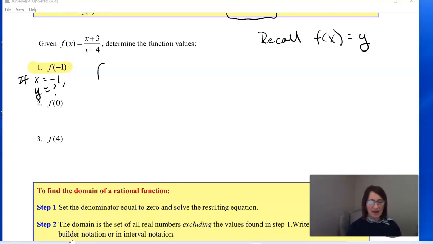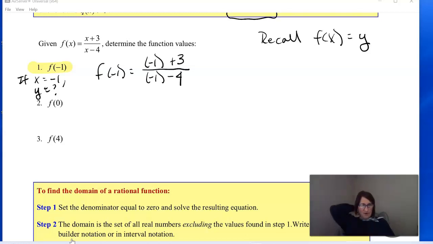To find f of -1, we substitute -1 for x everywhere we see it in our function. And then we simplify this. That's going to be 2 over -5.